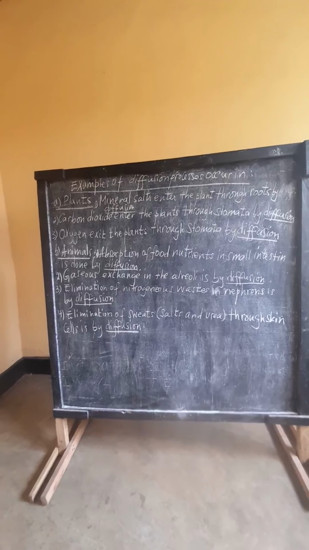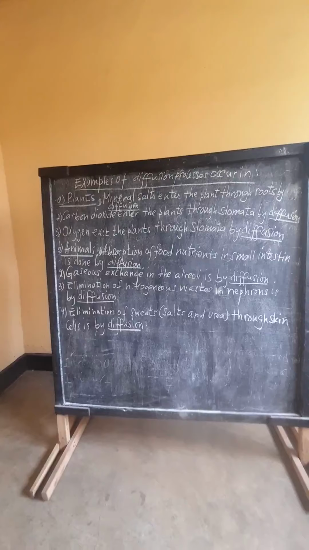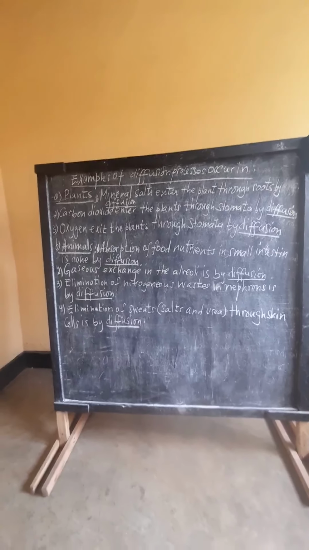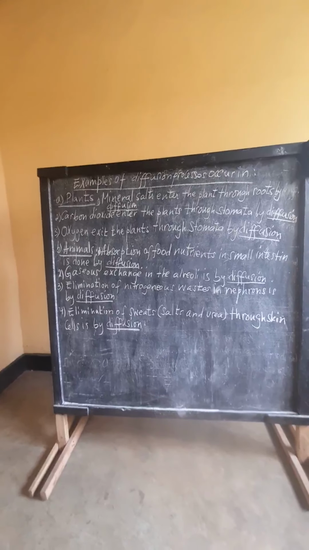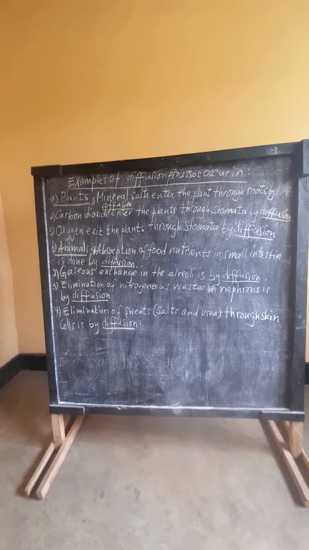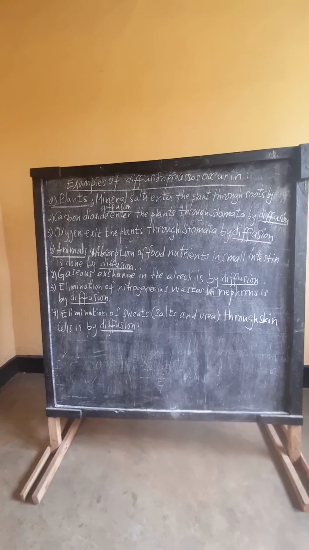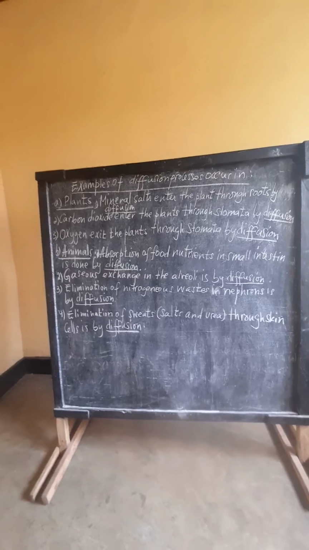When it is produced, the plant considers oxygen a waste product, and it is released out through stomata. And the process of exiting the plant is diffusion.